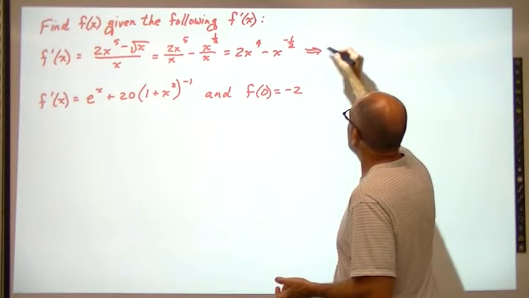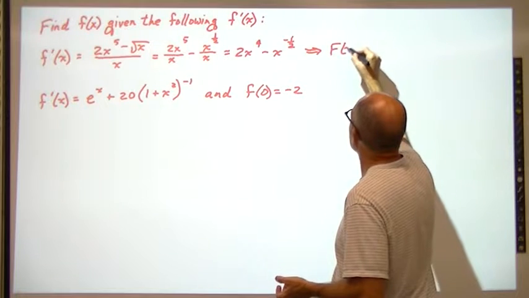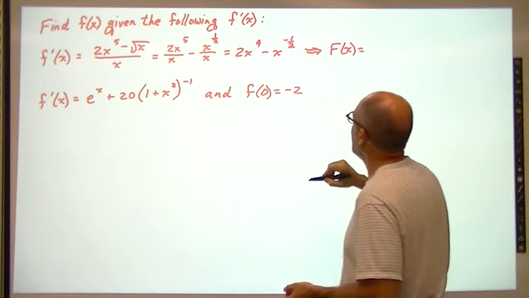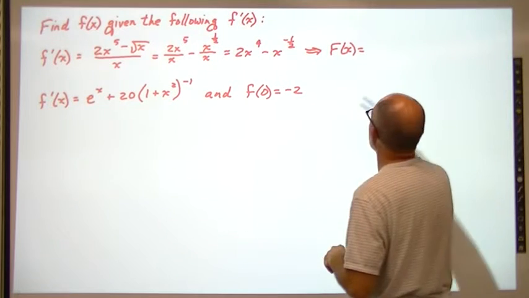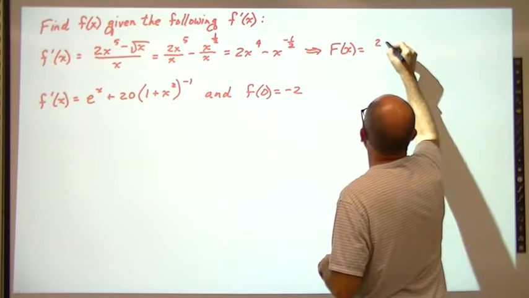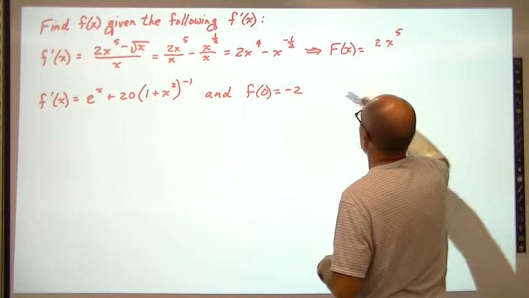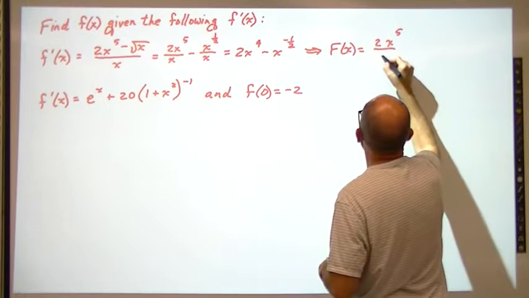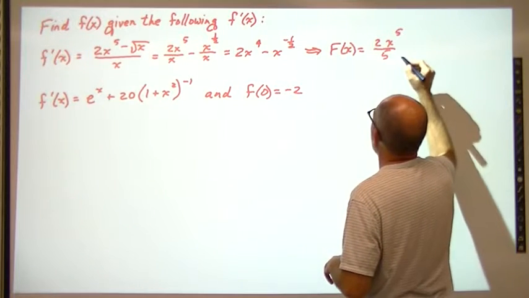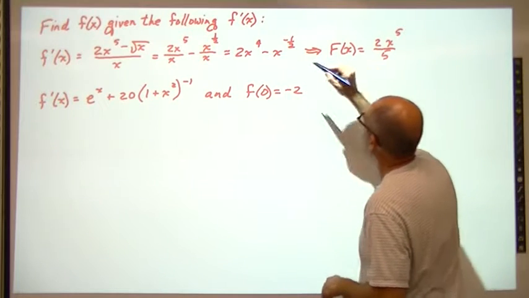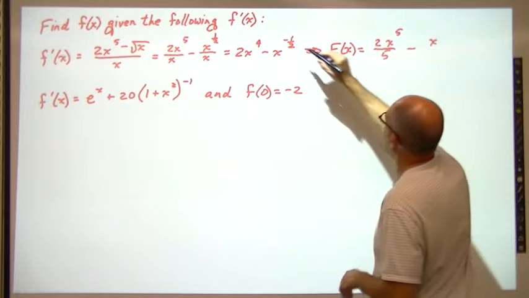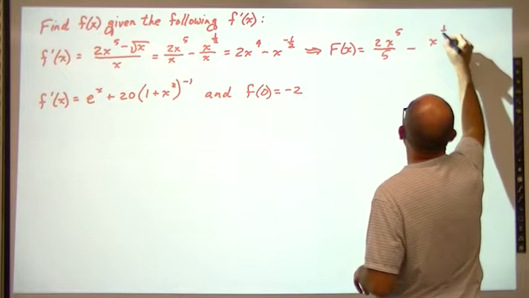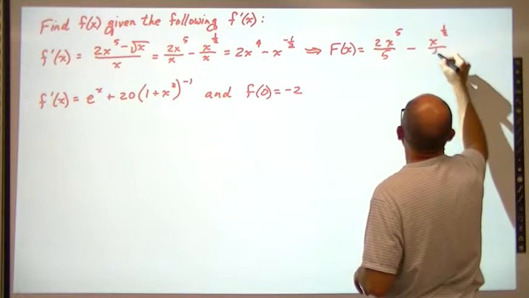So now the antiderivative of this is going to equal 2x to the 5th over 5. Remember that? You just move the exponent up one and divide by that same number. And now minus x to the, raise it up 1, that would be 1/2 over 1/2.